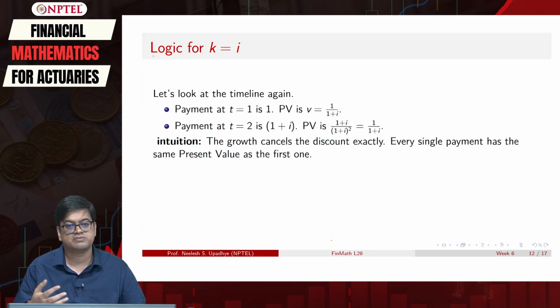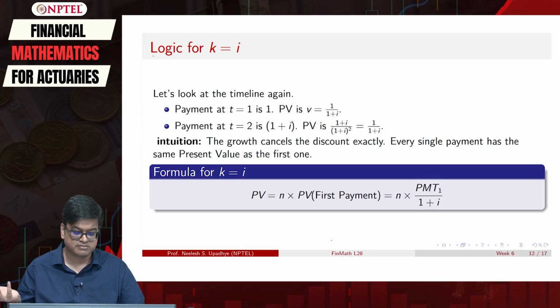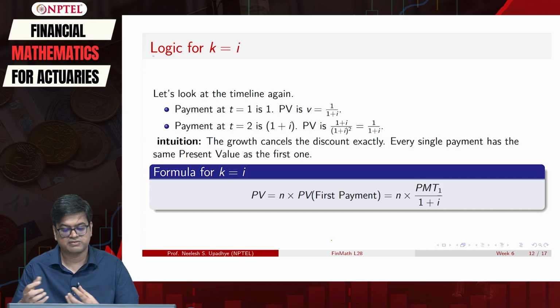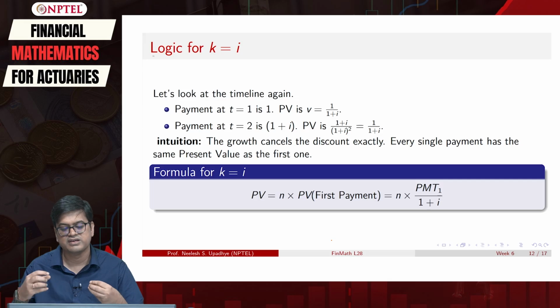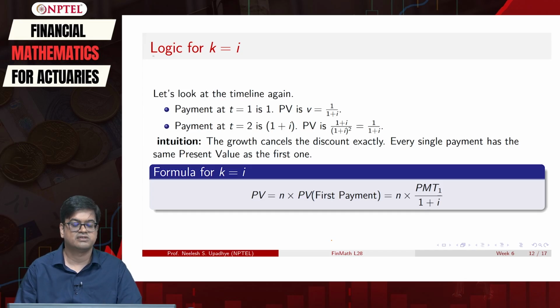If I have n payments, I am simply multiplying n times the present value of the first payment, which is discounted by one period. So it is n times (1 plus i) divided by (1 plus i). So we have a clear-cut case for k equal to i, which is essentially n times the value of the first payment discounted by one period. That's all. That is what you do for k equal to i.